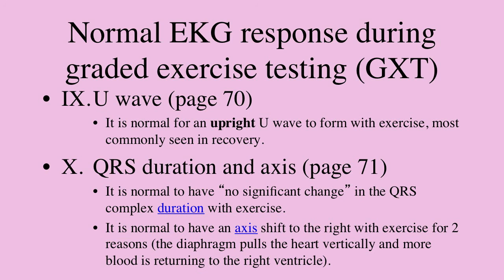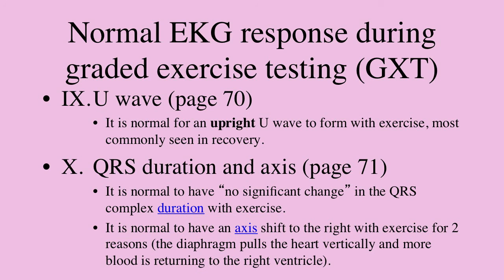And during exercise, I want you to potentially pause this and actually do the axis yourselves. If you do the axis, you'll find that the most isoelectric lead is lead AVR. And AVR's perpendicular lead is lead 3, and lead 3 is upright.